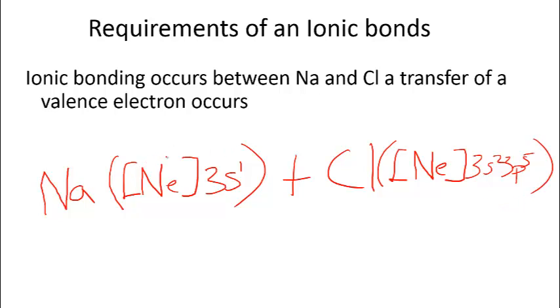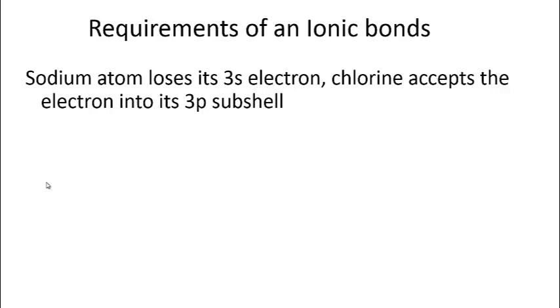And again, what's occurring is sodium is donating this 3s electron, and chlorine is accepting this electron into its outer 3p subshell. The result is the sodium atom loses its 3s electron, and the chlorine atom has accepted it into its 3p subshell.